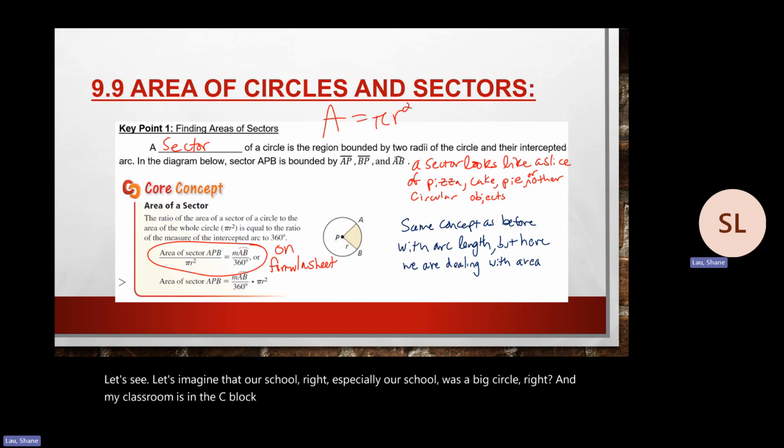Well, C block is a sector, a piece of the entire building, not the whole building. Think about it like that. It's going to make things a little bit easier.